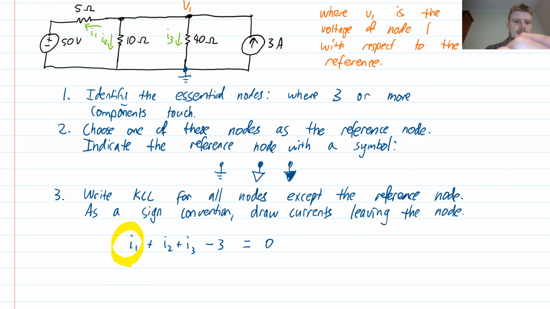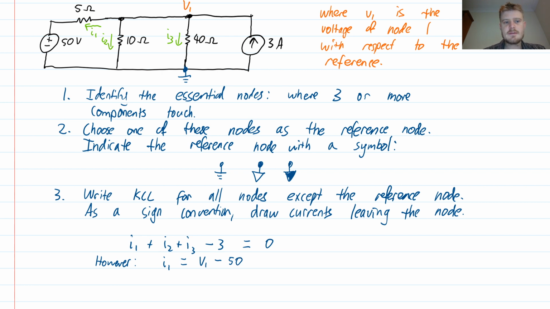So in particular, let me write this down. I know by Ohm's law, I1 is the voltage over the resistor divided by the resistance. Looking at what two points are connected to that resistor, they are V1 and the 50 volt source.